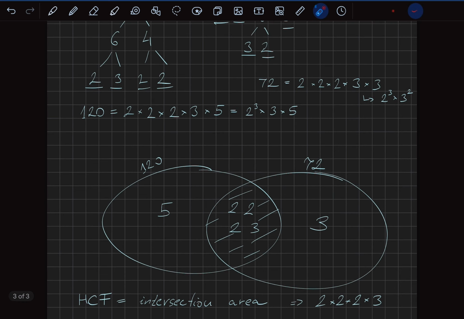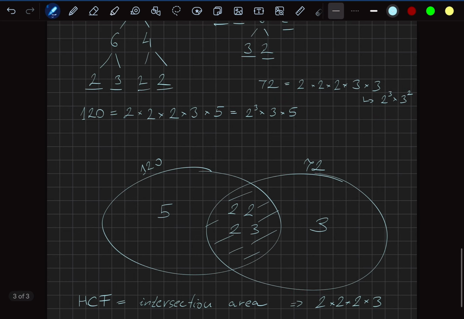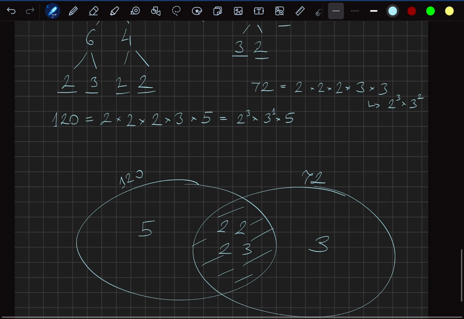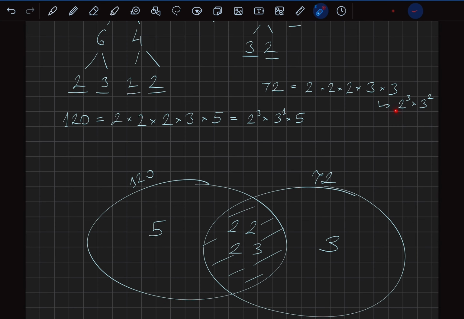Okay, so the highest common factor will be the common numbers on the lowest power. Here the 3 is on the power 1. So the common numbers are 2 and 3. The 2 has the third power here and here, so it will be 2 to the power 3, times 3 to the power 2 and 1.